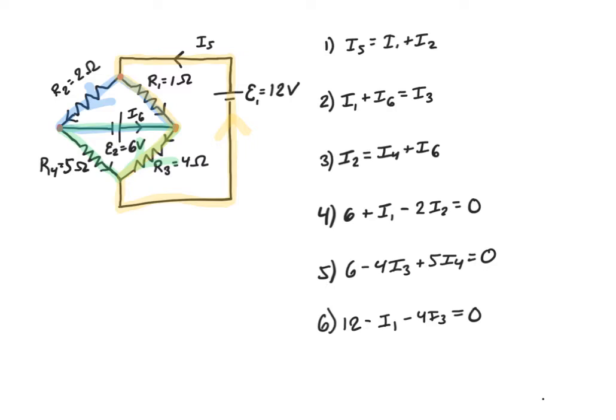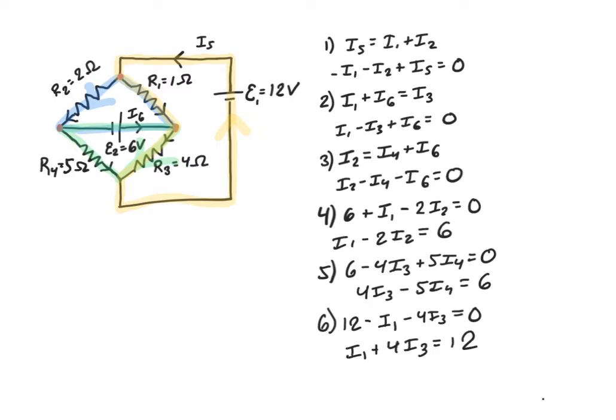So for example, equation 1 becomes minus I1 minus I2 plus I5 equals 0. Then over here, I have I1 minus I3 plus I6 equals 0. And I can do that for the rest of the equations as well. These are the equations I'm going to use going forwards.